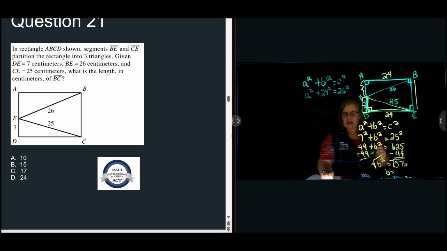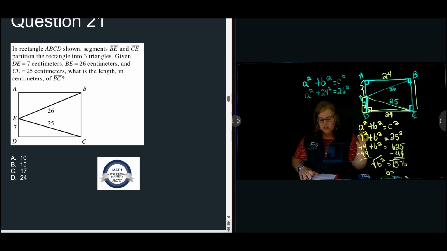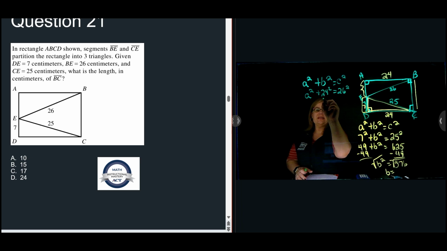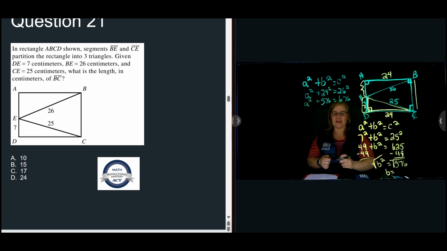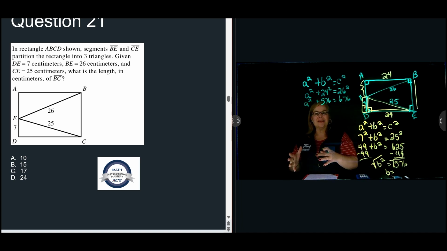I'm going to dim the lights so you can see. What is 24 squared? It is 576. 26 squared is 676. Still not sure what that A squared is, so let's isolate that variable by subtraction.